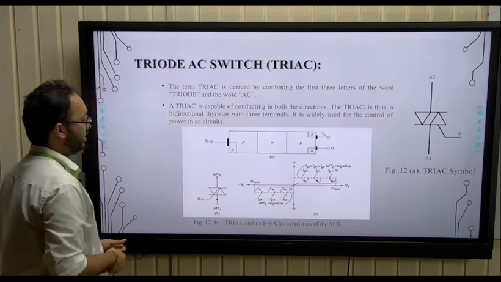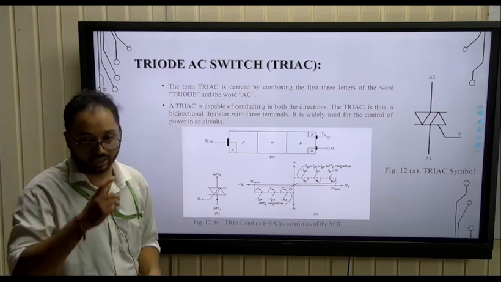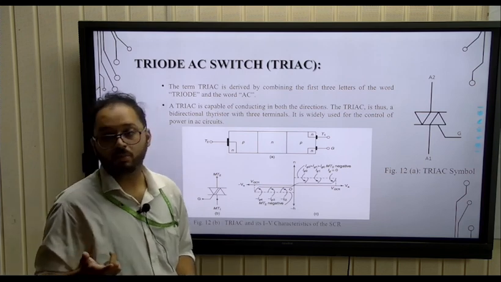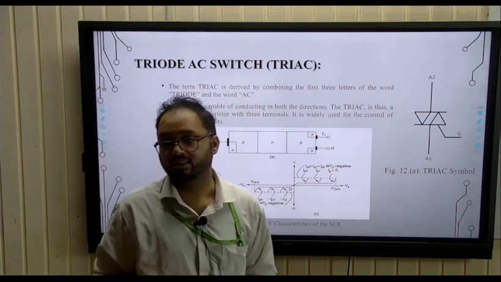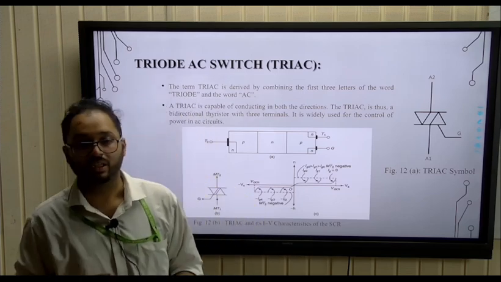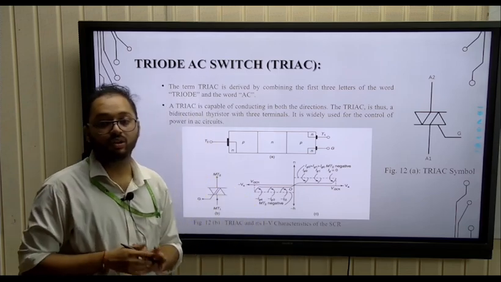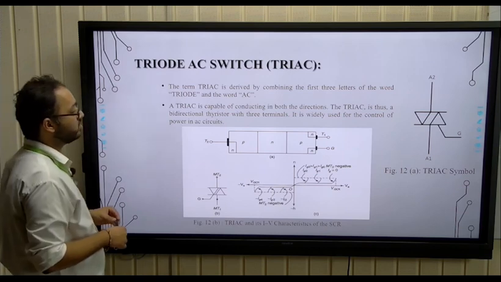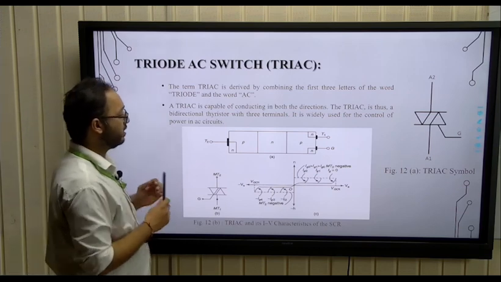Now we come to the triac. What happens is, when we are using a diac, we are not able to control when it is getting switched on. We have fixed that, but we needed something so that we can control its conduction also. So in the same manner as we developed the SCR, we have developed the triac.